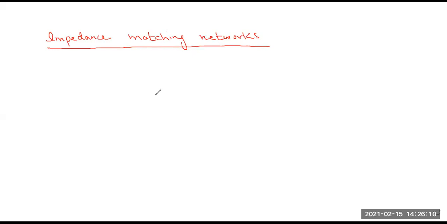In our last lecture, we covered the working principle and design procedure of a network called the L network. Today we are going to move to the next type of impedance matching circuit, known as the stub matching network.